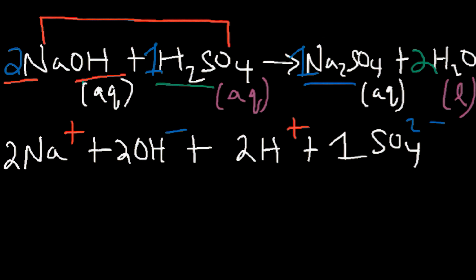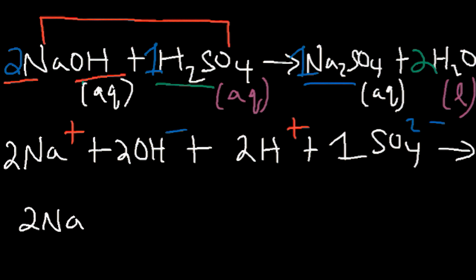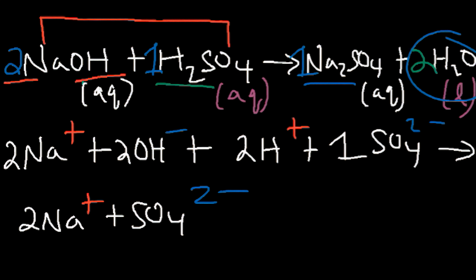In sodium sulfate, there are two sodium ions and a sulfate ion. And water is a liquid, so it's not aqueous. Therefore, we need to leave it the way it is.